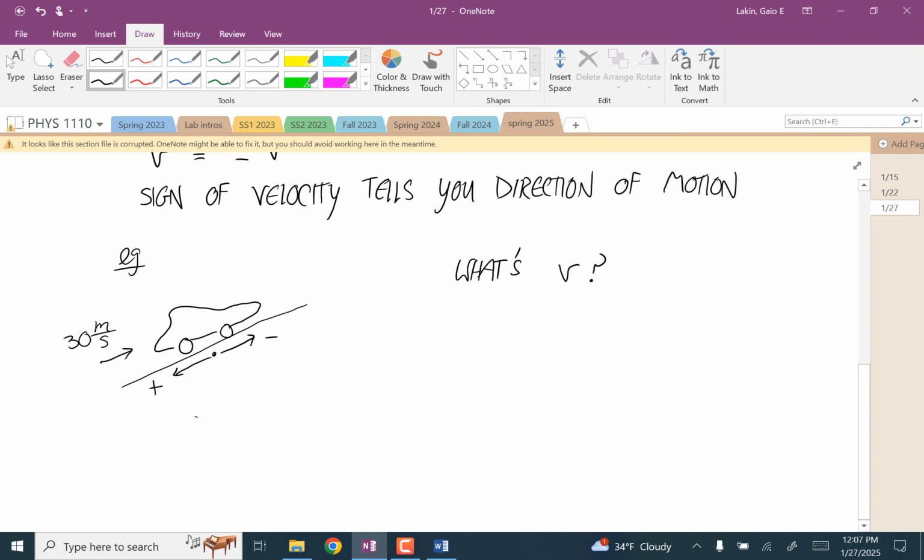What's the velocity? Well, the velocity is plus or minus the speed. And now you have to think about which way it's moving. In this case, it's moving in what we defined as the negative direction. So this is negative 30 meters per second.